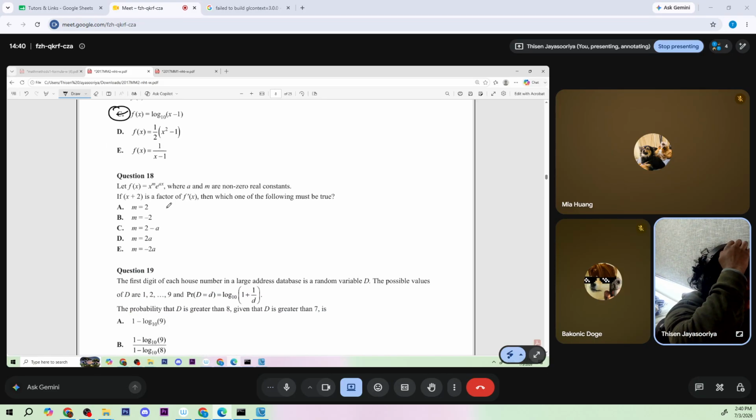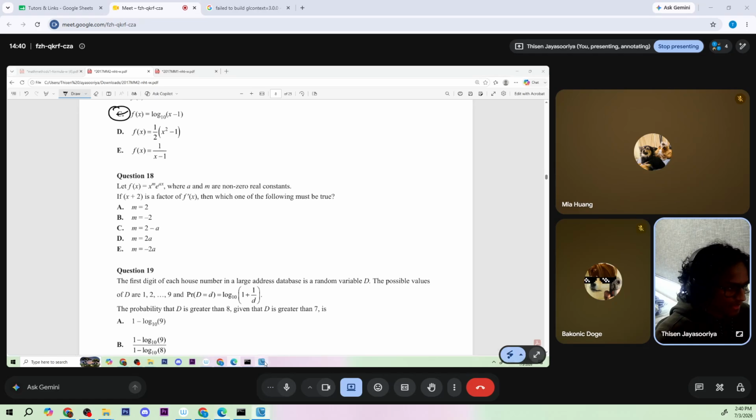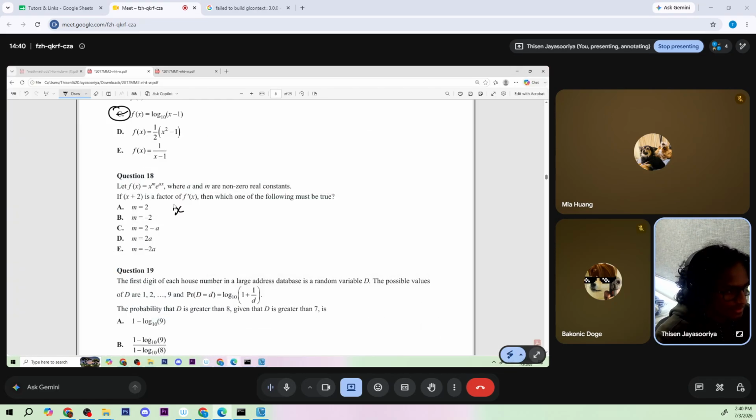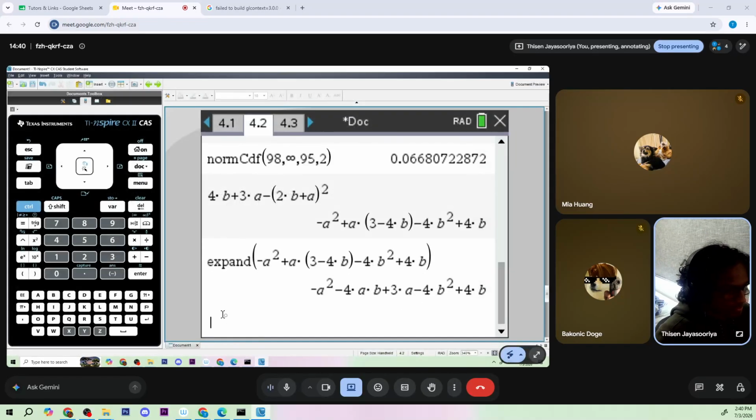Yeah. Here, we're given x to the power of m, e to the power of ax, where a and m are this. If x plus 2 is a factor, which of the following must be true? So here, factor implies that x equals -2 is a solution to f dash of x equals 0. So what we can do is go into the calculator.